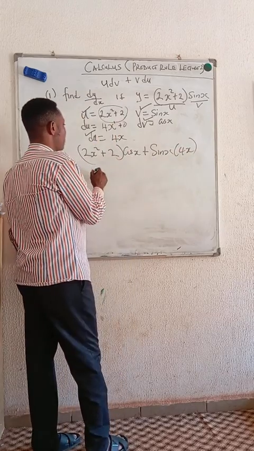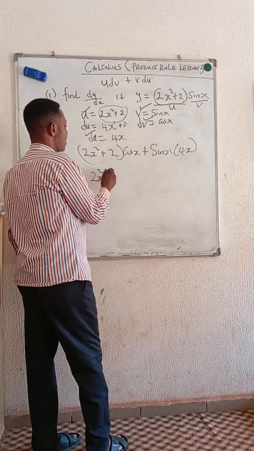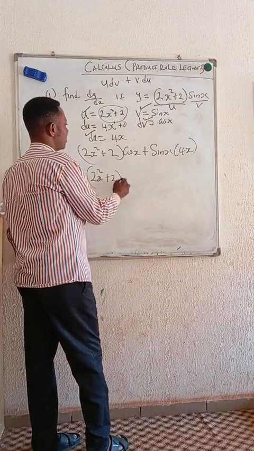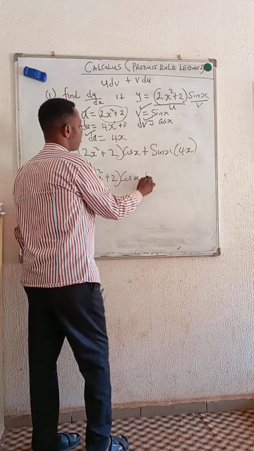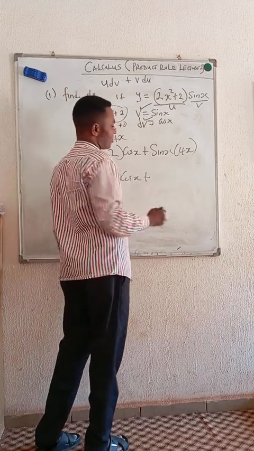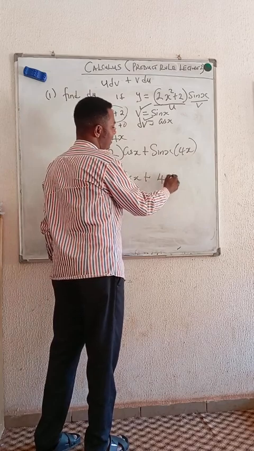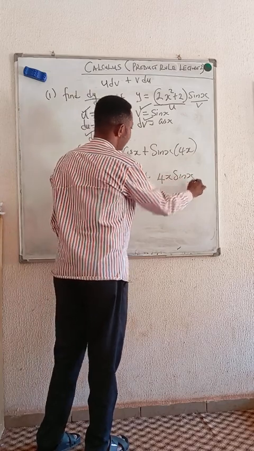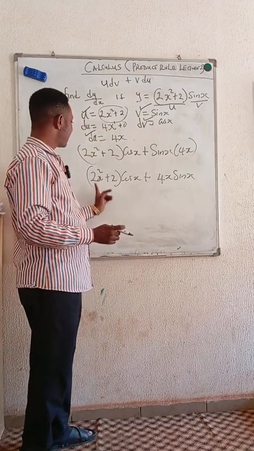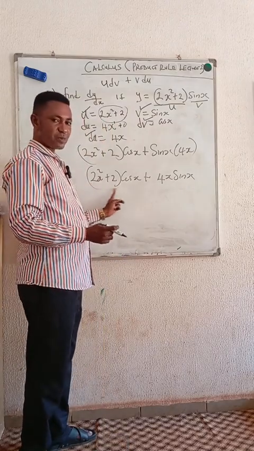So now at the end we have (2x squared plus 2) cos x, plus sine x multiplied by 4x. It's going to be 4x sine x. And we can equally decide to open up this bracket.